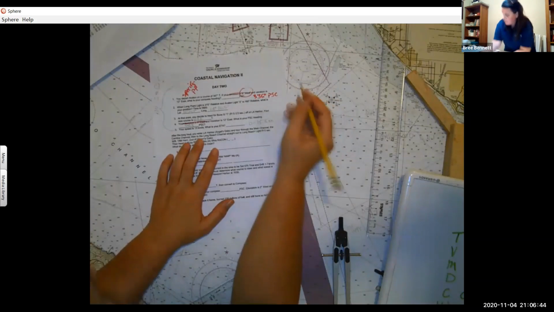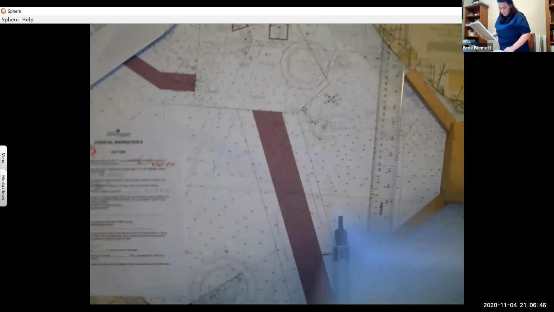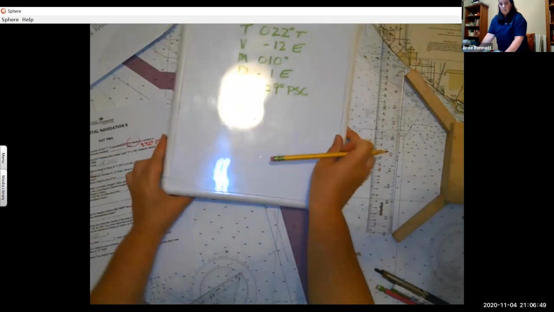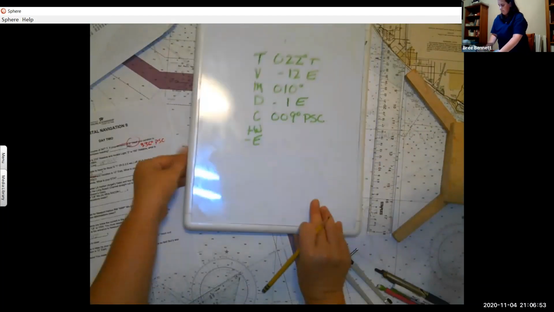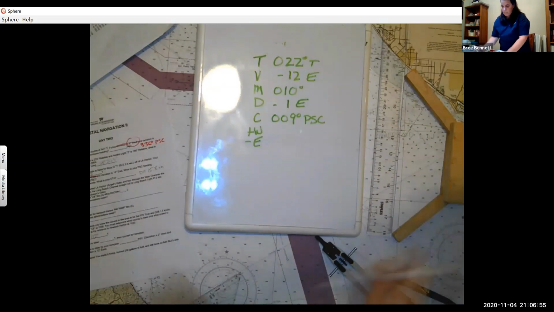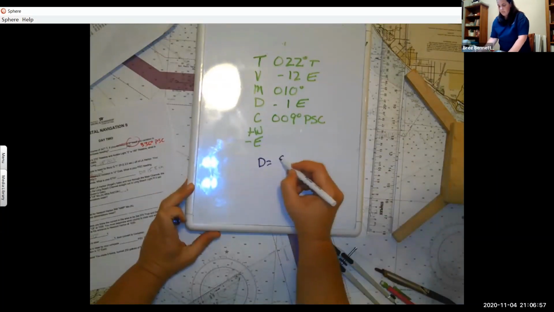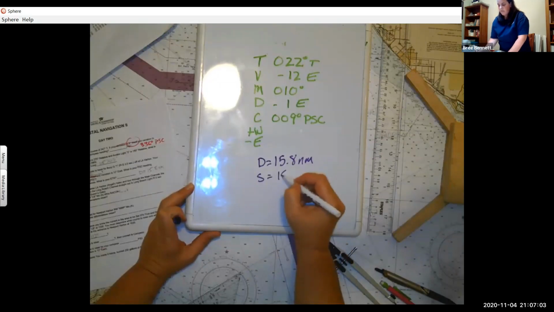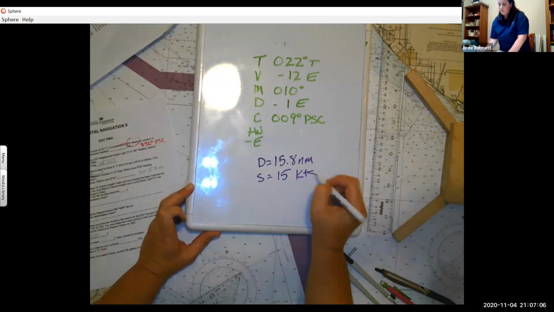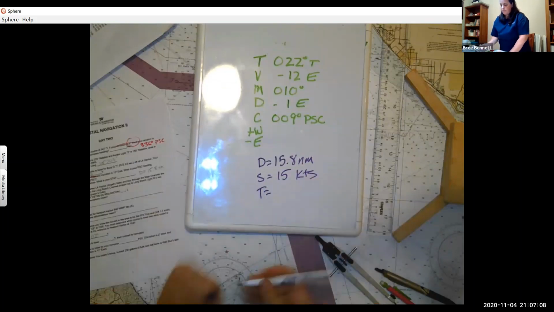My speed was 15. Do it on here. What is my time?